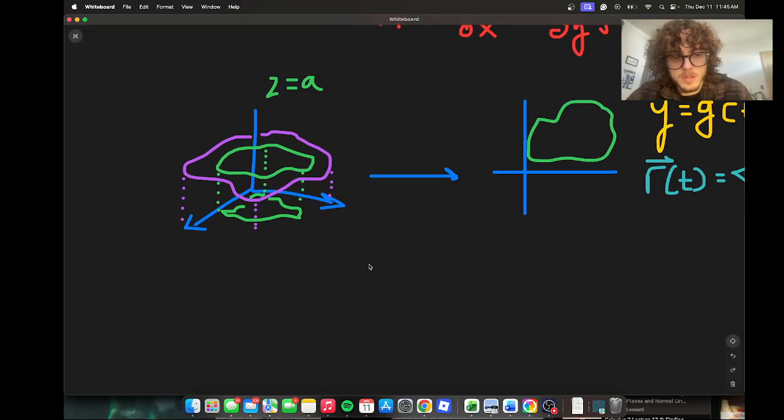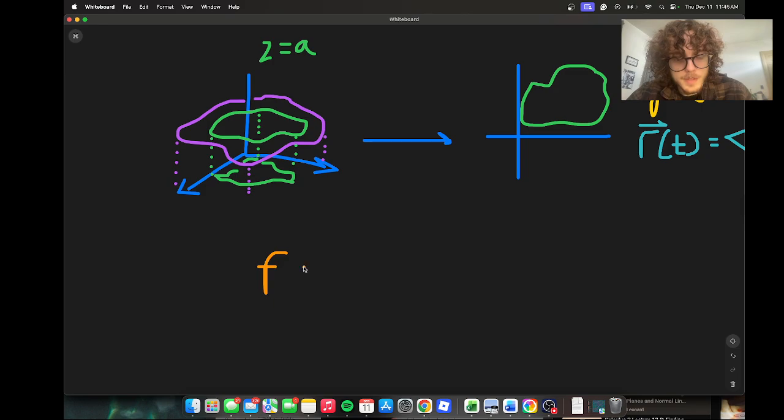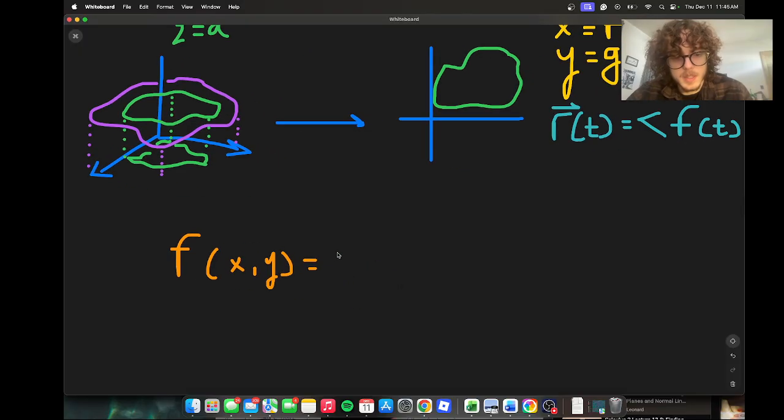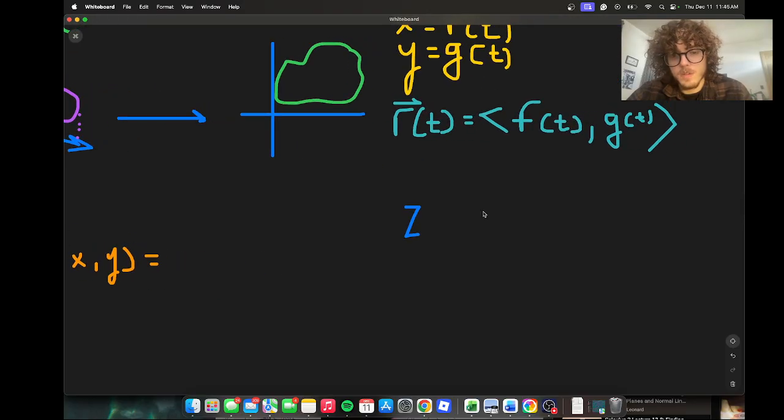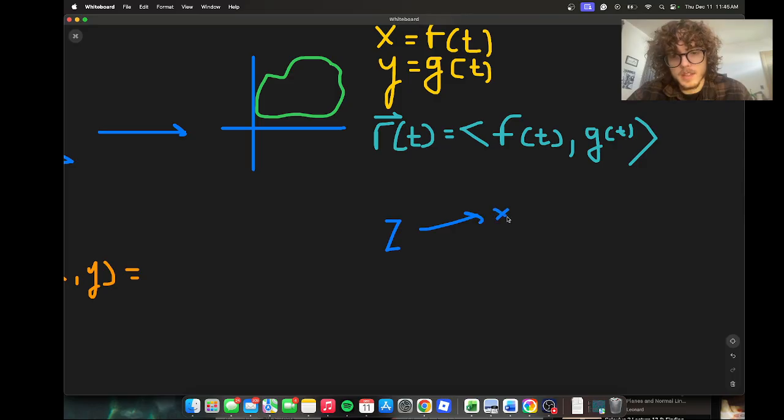So let's say f of x, y is going to be equal to, and we remember the chain rule: if you have the overall function z, we can go to x and to y, and then we have our overall independent variable t. So we have our dependent variable, two intermediate variables, and then t. Sorry, it kind of looks like a cross. It's not Jesus, I promise. Look, I'll give it a little tail. Okay, maybe that makes it a little better.